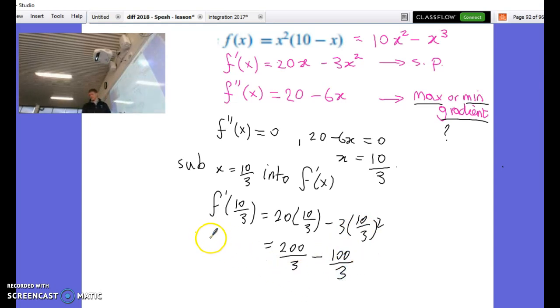So from that we can determine that must be positive. Wait, it's negative. Becomes positive, doesn't it? So being positive gradient, that must be a maximum. Maximum values are positive values.